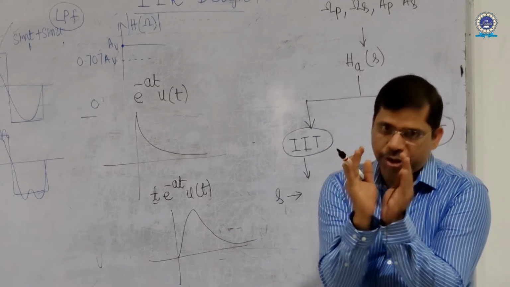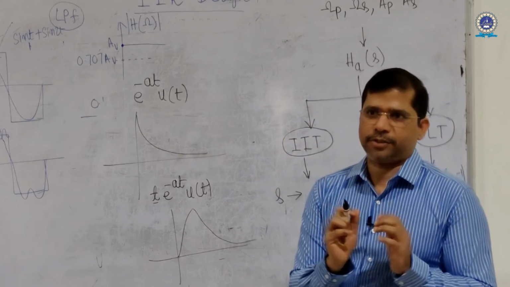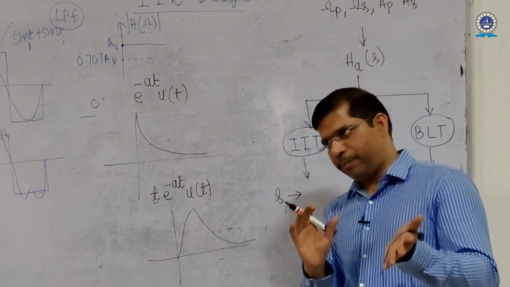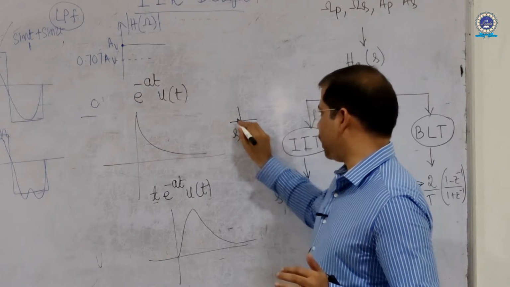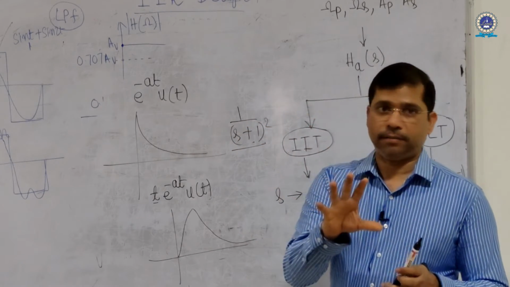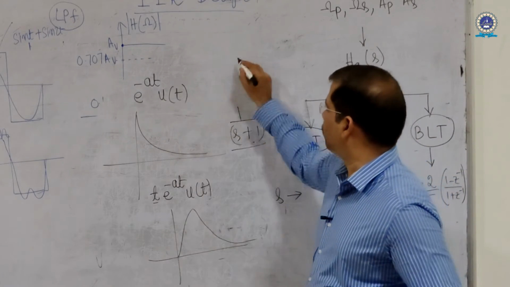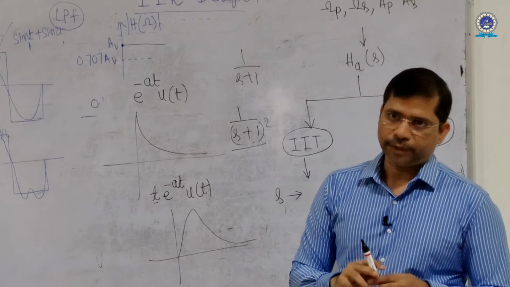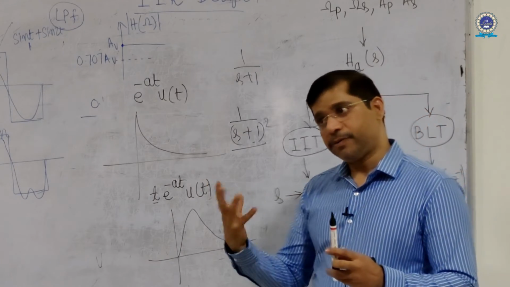So at one particular point it has a nature of unboundedness. This is how we need to understand t e power minus at u(t) in the time domain, and 1 by (s plus 1) whole square. How do we understand this? This is stable, there is no doubt about it, but not better than 1 by (s plus 1). That's where we call it comparative stability.